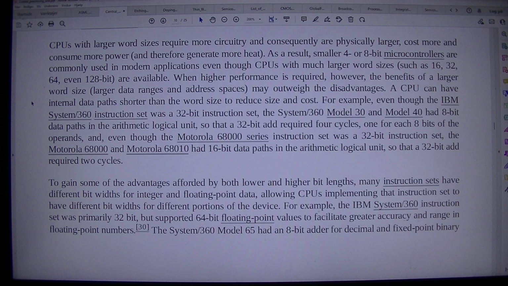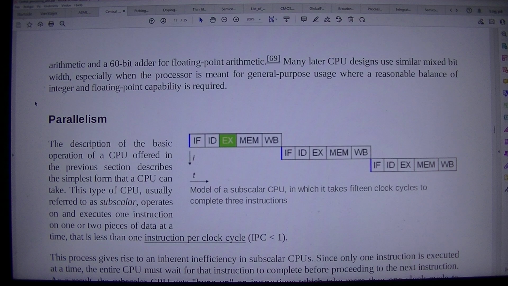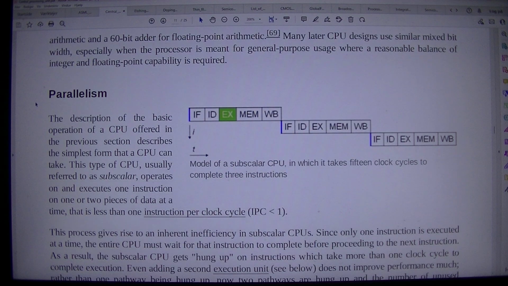For example, the IBM System/360 instruction set was primarily 32-bit, but supported 64-bit floating point values to facilitate greater accuracy and range in floating point numbers. The System/360 Model 65 had an 8-bit adder for decimal and fixed point binary arithmetic and a 60-bit adder for floating point arithmetic.